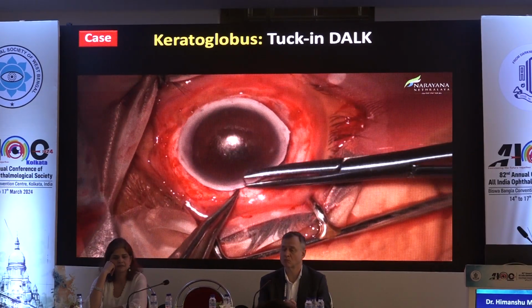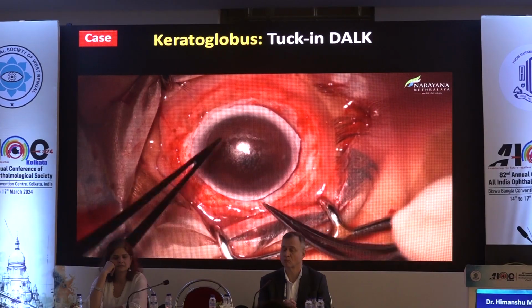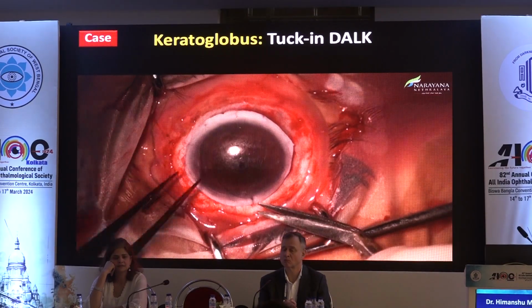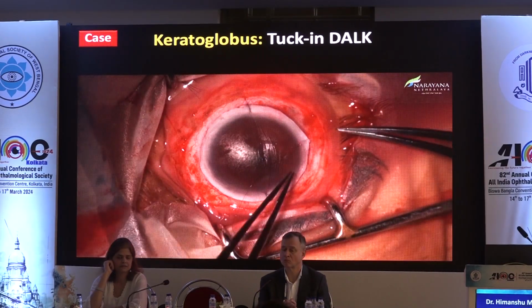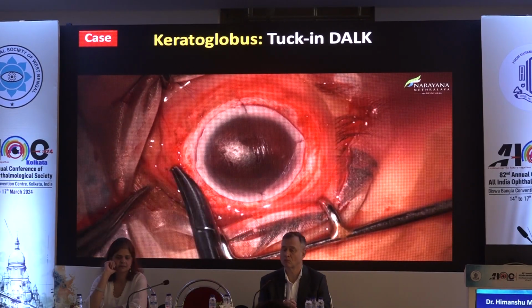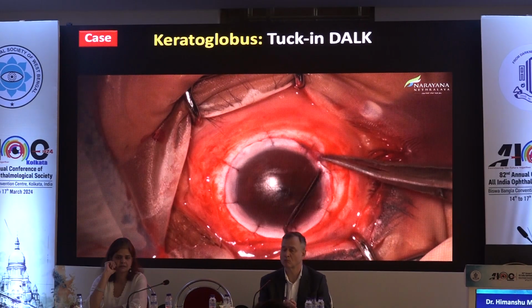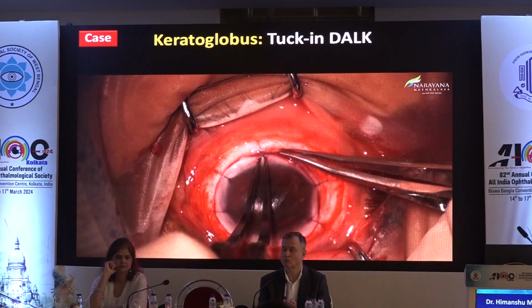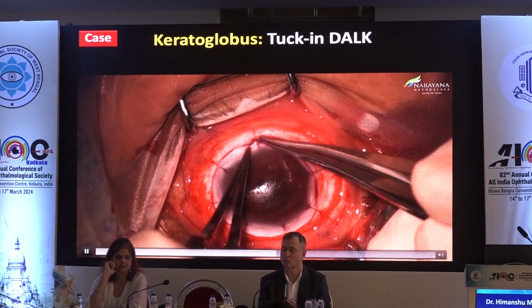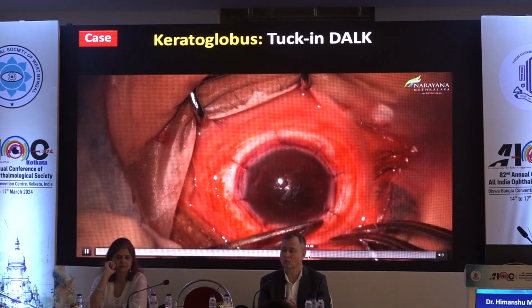I do a little modification there. I try to use almost the same thickness corneoscleral rim there, just thinning out a small amount of sclera from the periphery. And then after putting 8 sutures, you can start tucking in the cornea, which ultimately goes inside quite nicely.